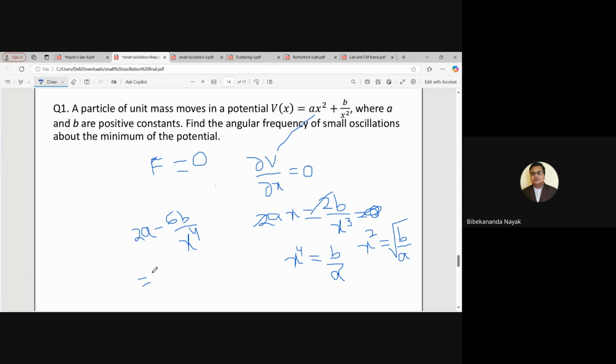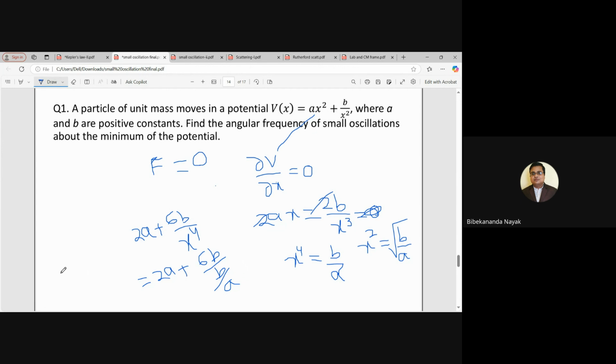What is the value? It is 2a minus 6b divided by b by a. Oh, sorry, it is plus. When you take the derivative, it is already minus. So minus 2, minus 3 gives plus. It is a plus sign.